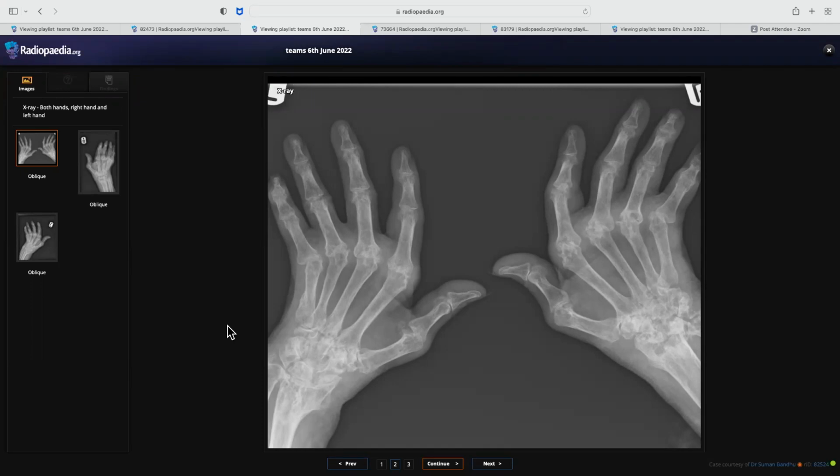You said something about bone proliferation. Do you still think there is bone proliferation? No, there are some erosions actually. I'm also having a suspicion of a gull-wing configuration, but that is erosive osteoarthritis, which usually should involve the distal interphalangeal joints.